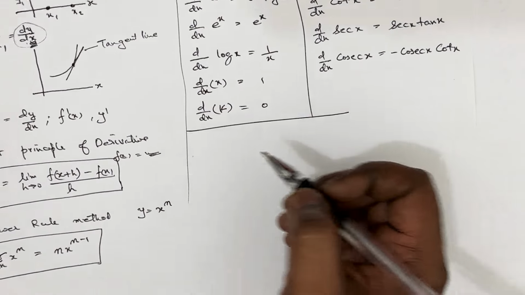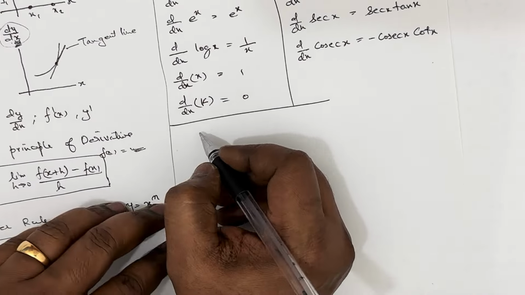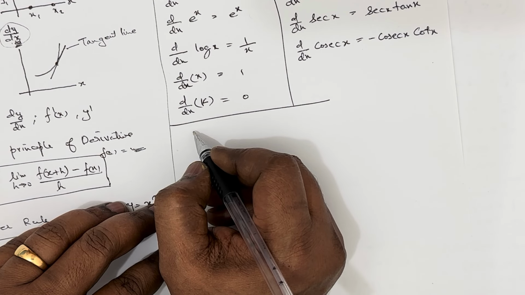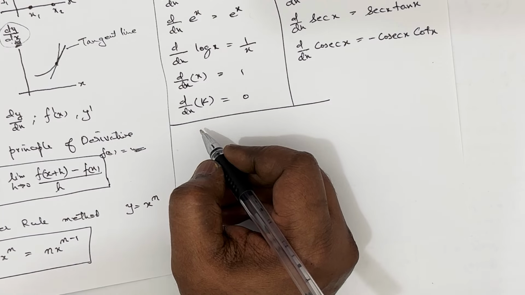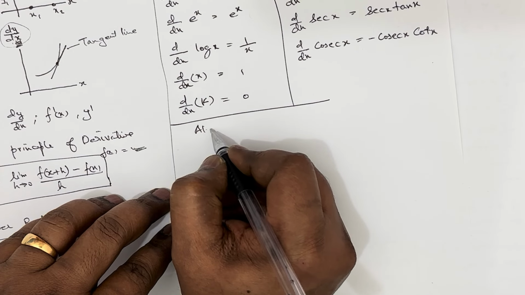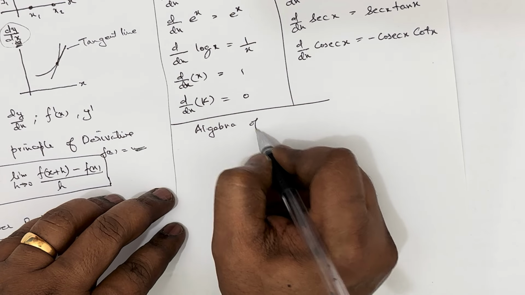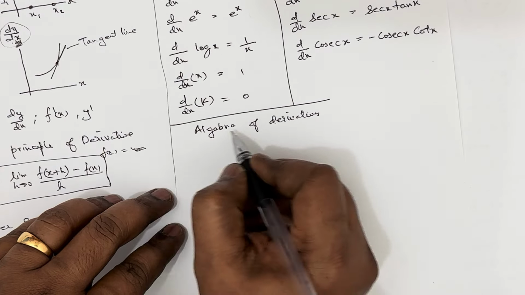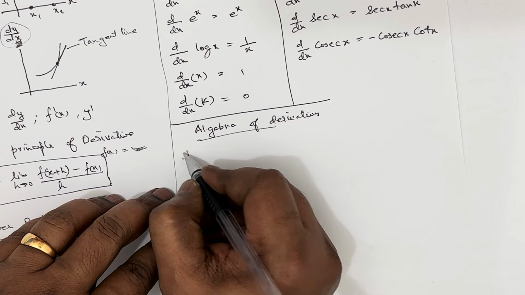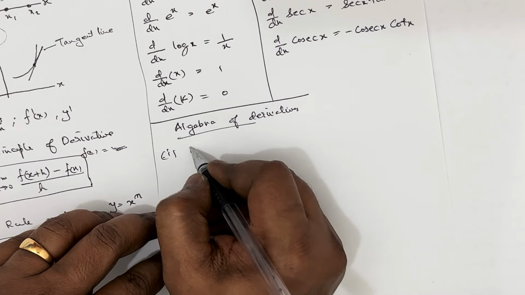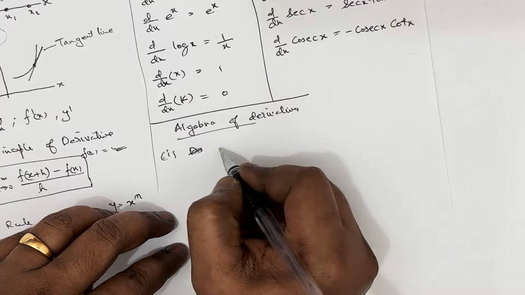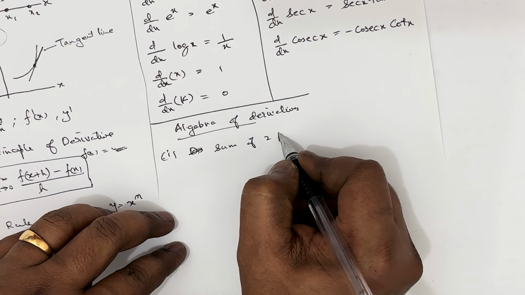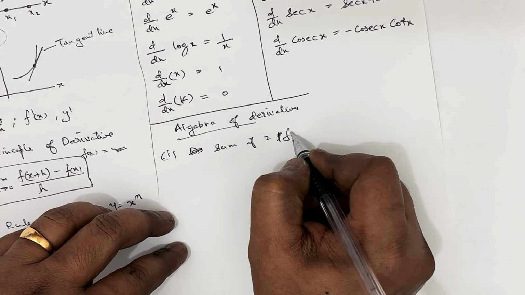And now we have some theorems, that is, algebra of derivatives. Number one will be derivative of the sum of two functions.